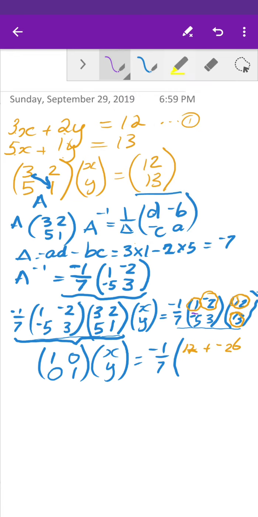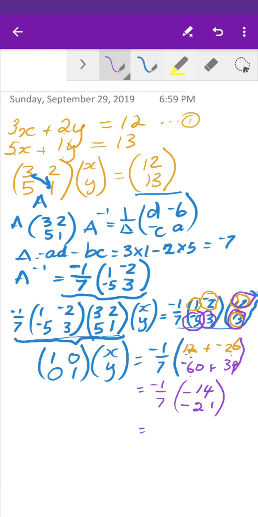Now the second row is negative 5 times 12, so that's negative 60, plus 3 times 13, which is 39. So we got negative 1 over 7 of 12 and negative 26, which is negative 14. Negative 60 and 39 is negative 21.